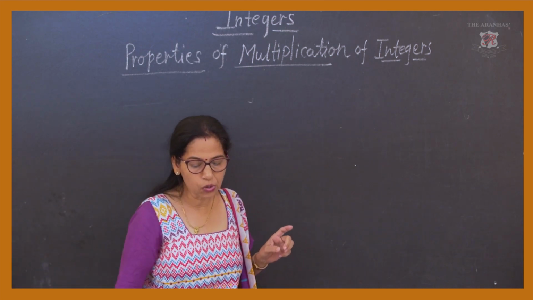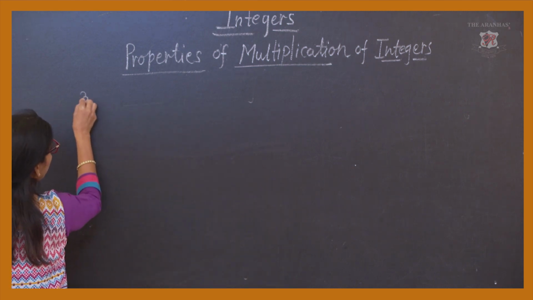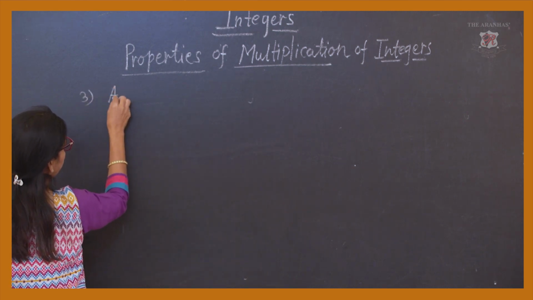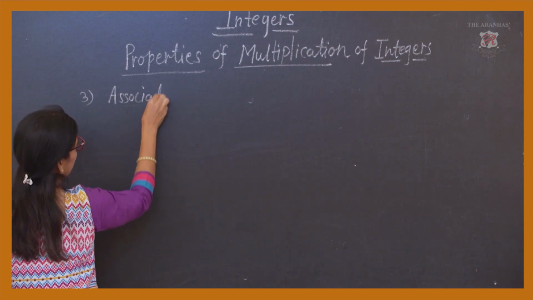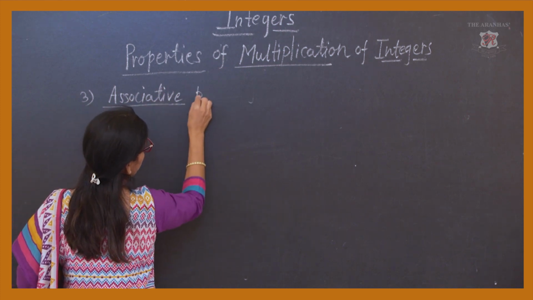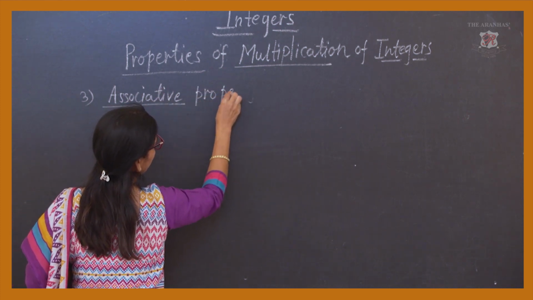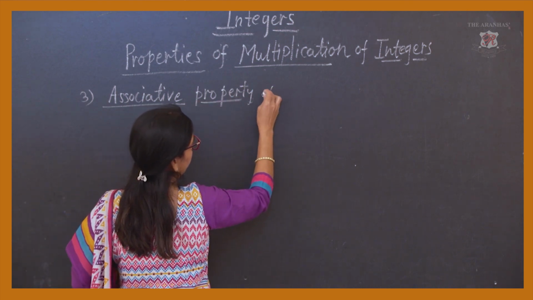That is the associative property of multiplication. The third property is the associative property of multiplication.